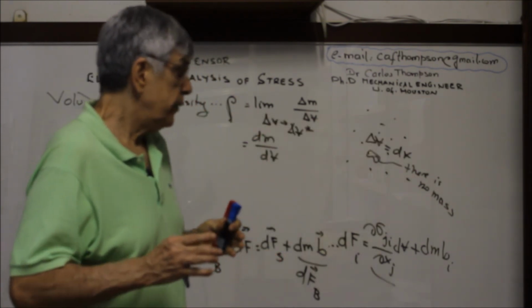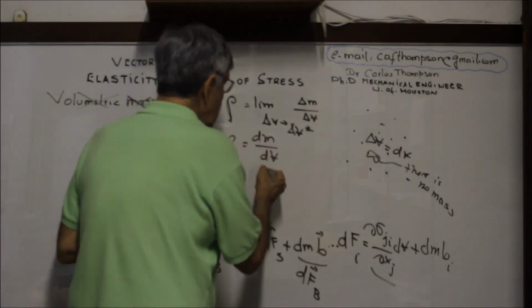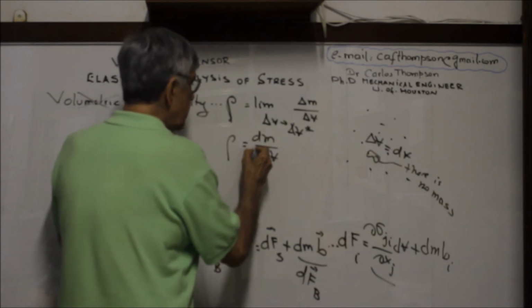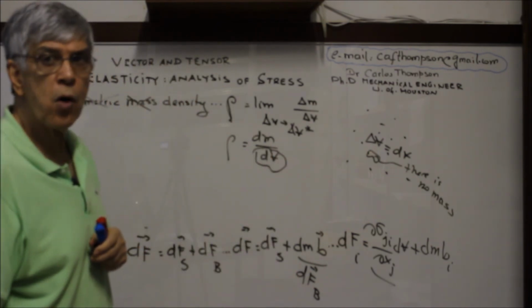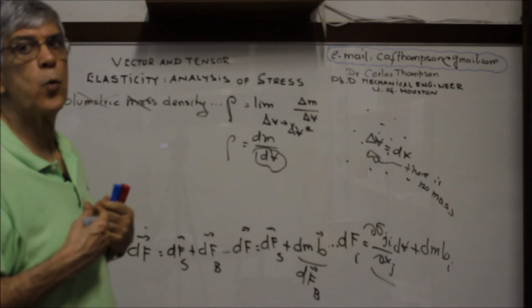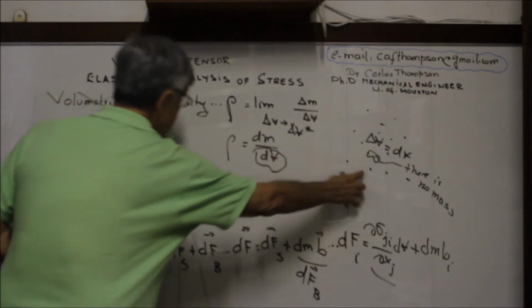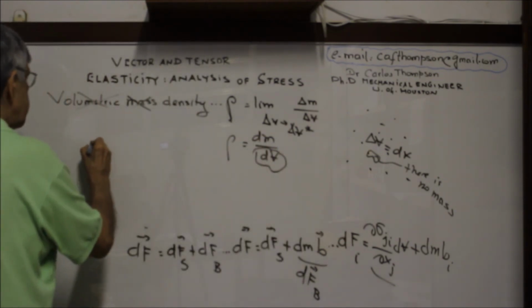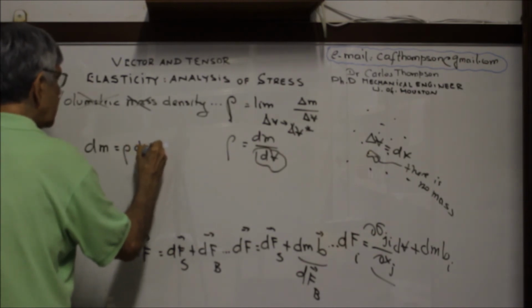Now we are going to use this definition, knowing that dV is not as small as I want. Now, dm is rho dV.